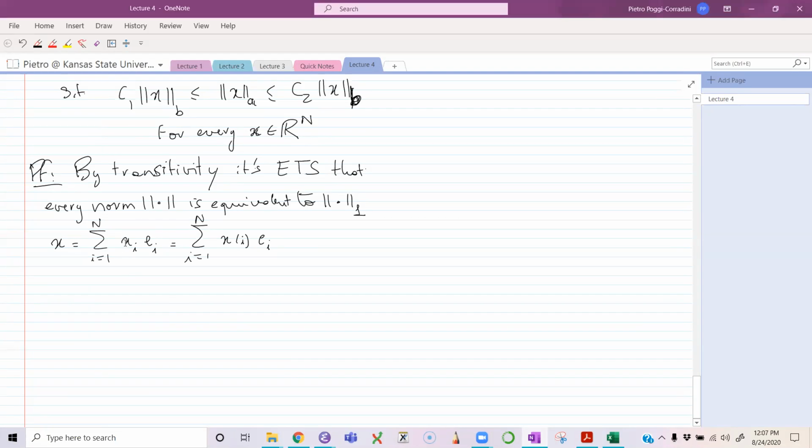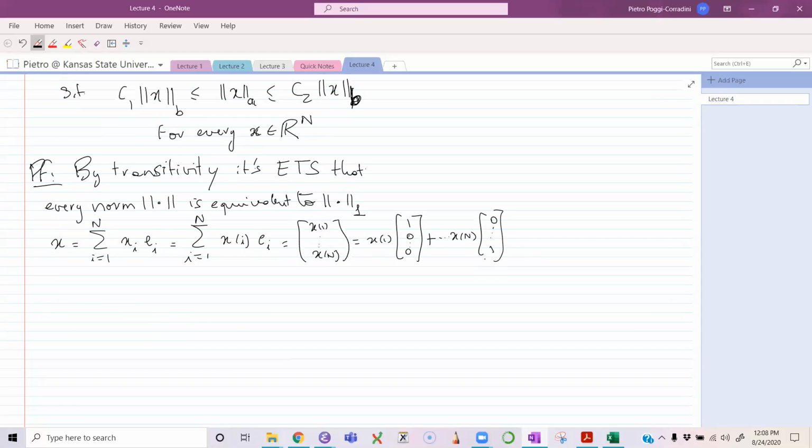Xi is a number, a scalar. Ei is a vector. So if you have a vector with x1 through xn, you can always write it as x1 times (1, 0, 0, 0) plus, and so on, up to xn times its basis vector. So that's the first observation.